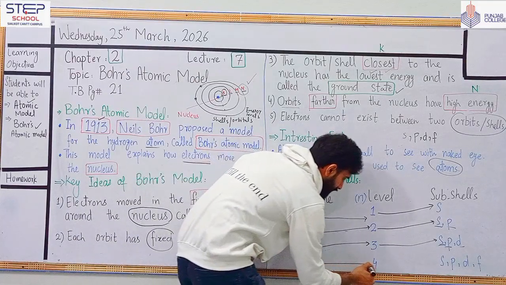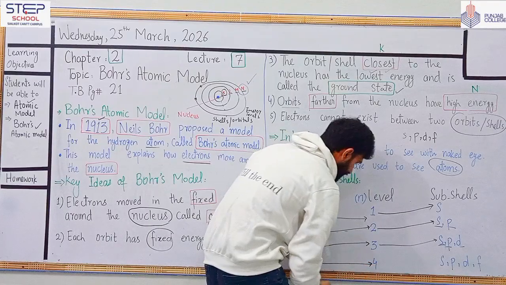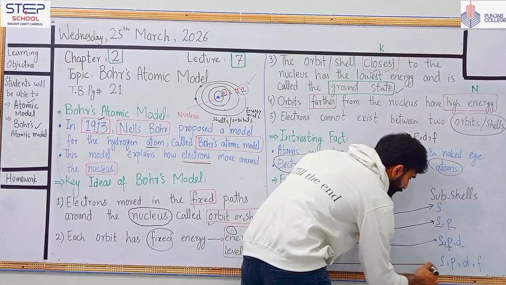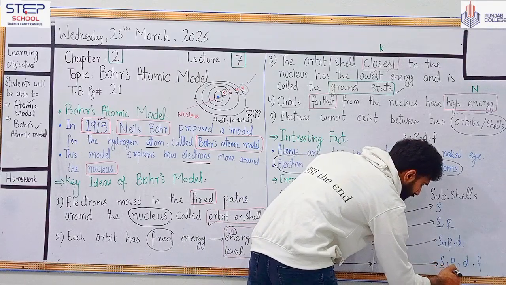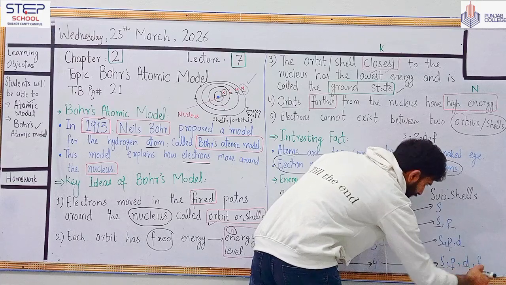Its energy level is 4 and it contains four subshells, S, P, D and F.